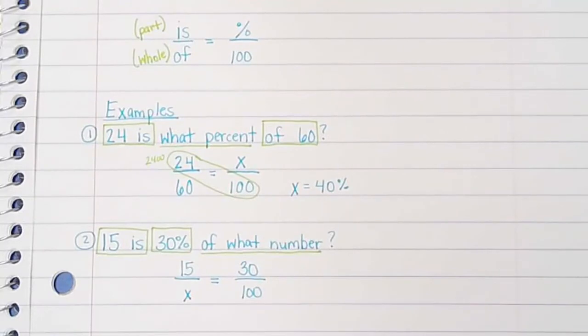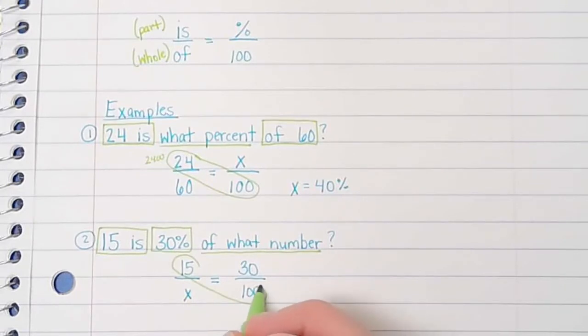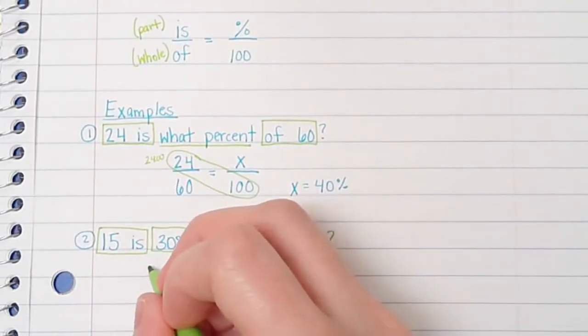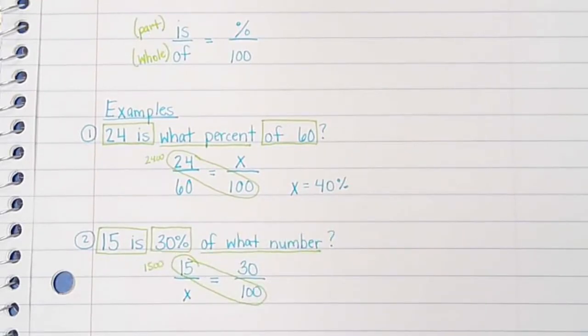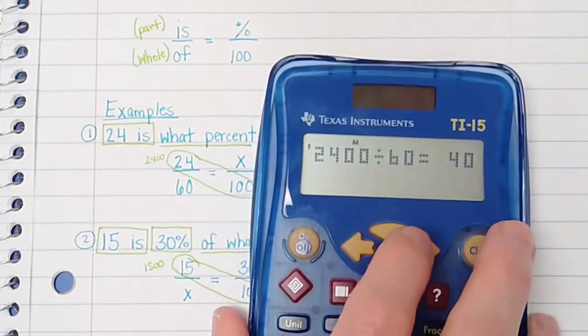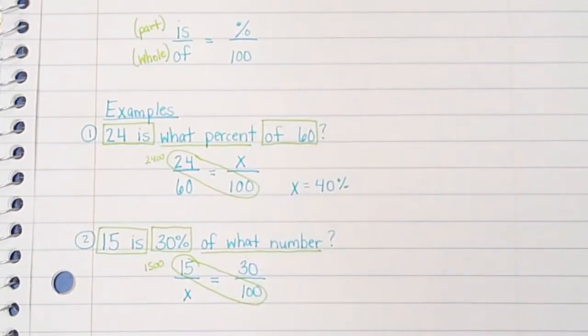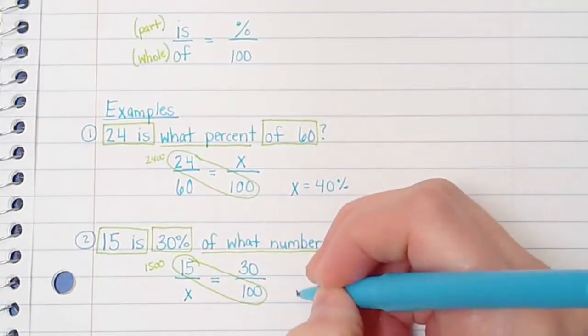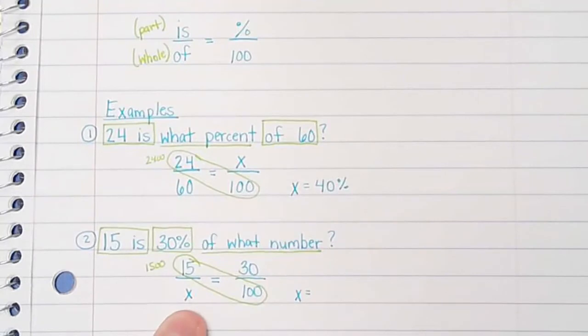So now I cross multiply the numbers that I actually have. That would be 1500. Now divide by the number that you haven't used yet, which is 30. So I'm going to do 1500 divided by 30, and that gives me 50. And this one isn't 50%, because remember, I'm not filling in the percent spot like I was up here. I'm filling in the of spot, which is just a number. So this is just 50.